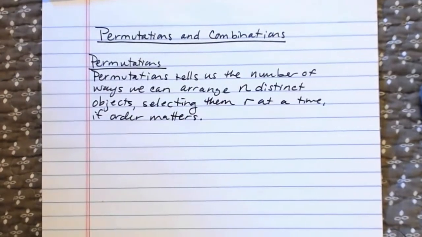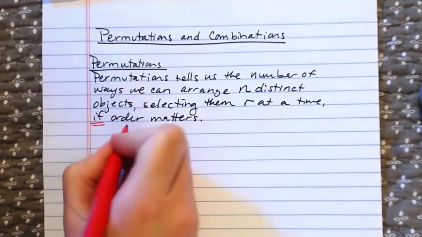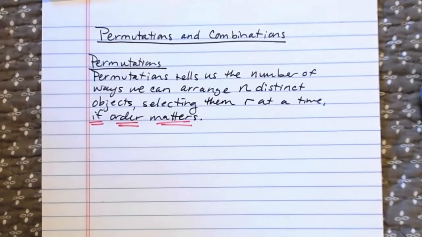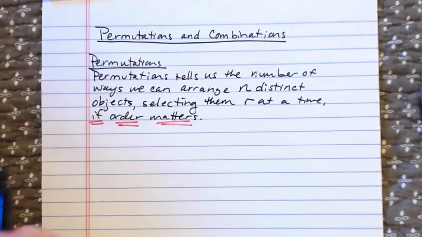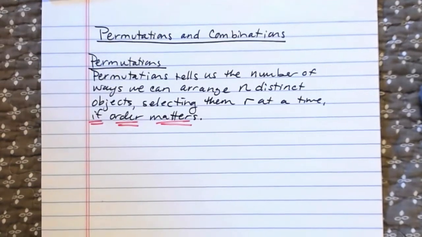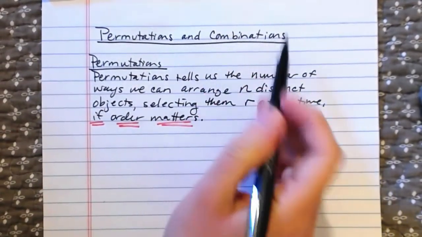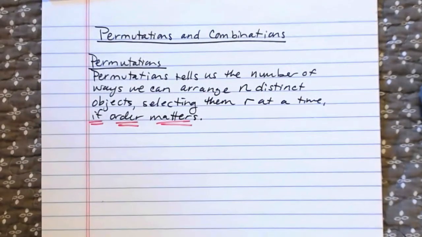Okay, so that's the key to when we use permutations, is if the order that the objects are selected in is important. And if order matters, we use permutations. Otherwise, as you can see in the next one that we'll talk about, we'll use combinations.